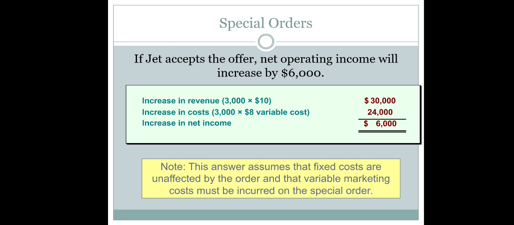Okay. So when you compare here, the increment in revenue is 30,000. The increment in cost is only 24,000. There is an increase in profit of 6,000. So the business should say yes to this special order.